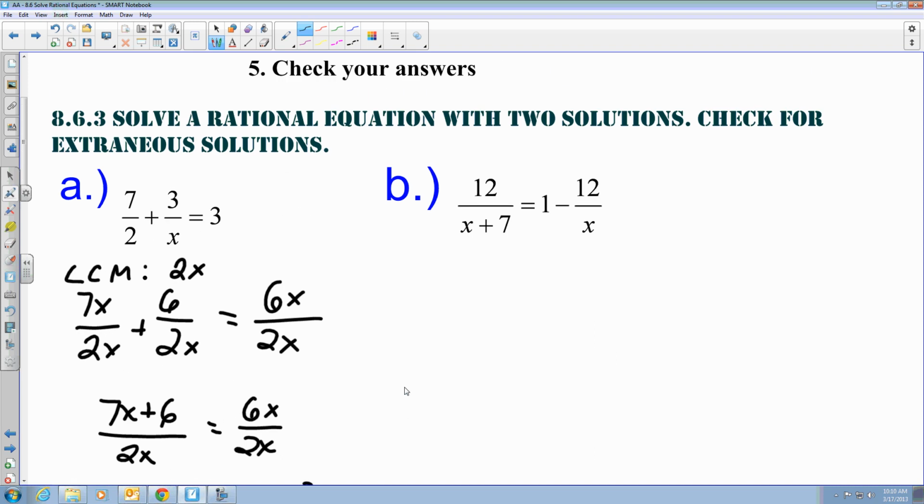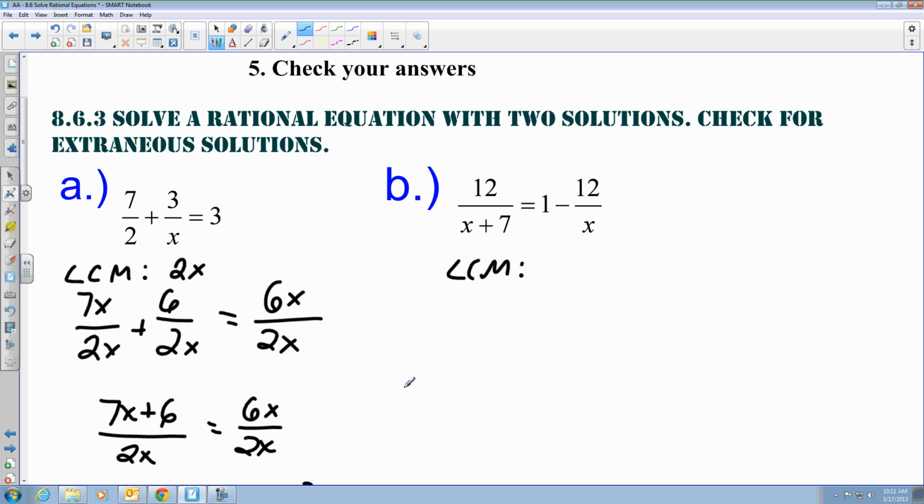So for B, if I look at it here, let's see what the least common multiple would be.